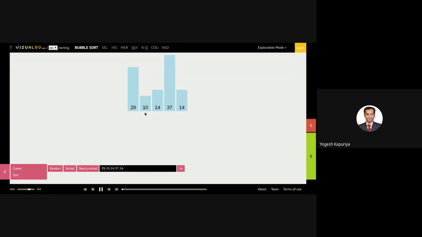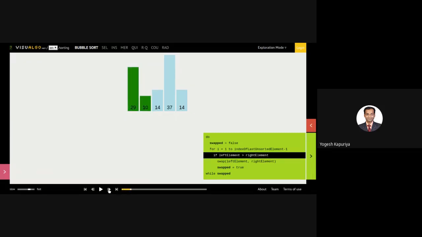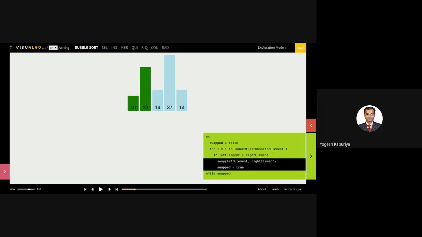So 29 will be compared with 10, and because 10 is less than 29, 29 and 10 will be swapped. So they will be interchanged. Then once again, the first element will be compared with the third element. So 10 will be compared with 14.